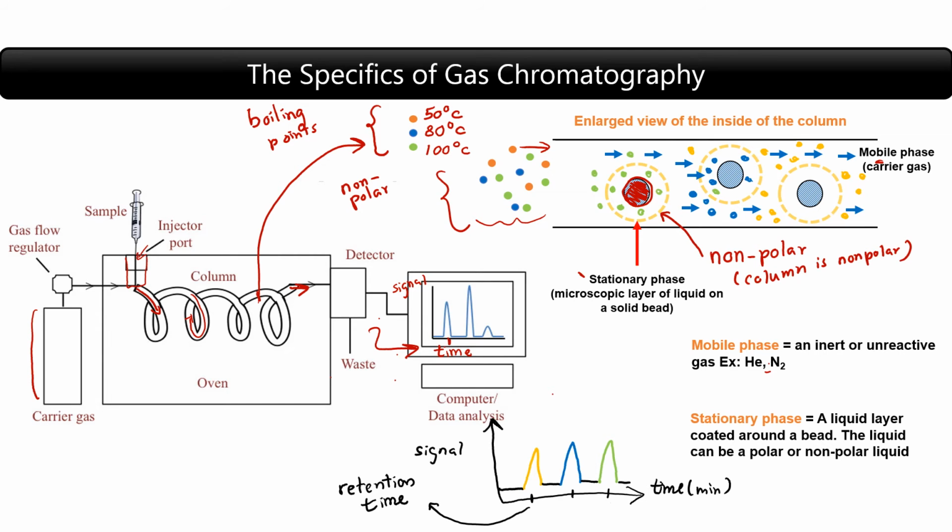And the size of the signal is directly proportional to how much of that compound existed in the original mixture. Since we have about an equal mixture of orange, blue, and green, we should expect signals that are about the same size.